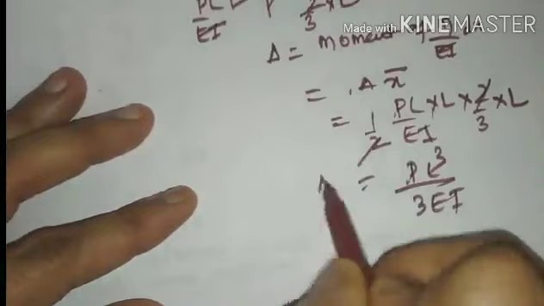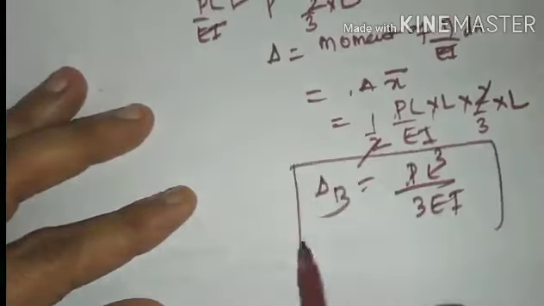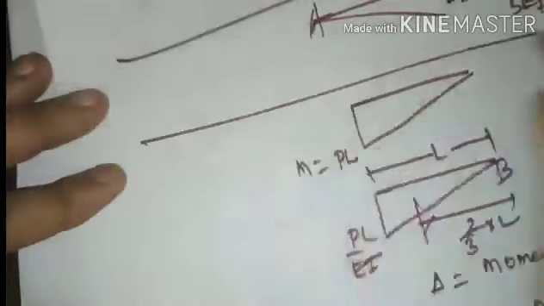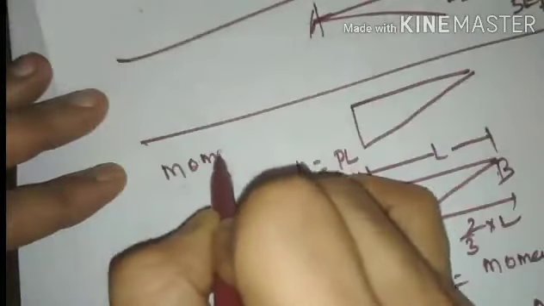That is also called delta B. So this is the solution we calculate by the moment area method.